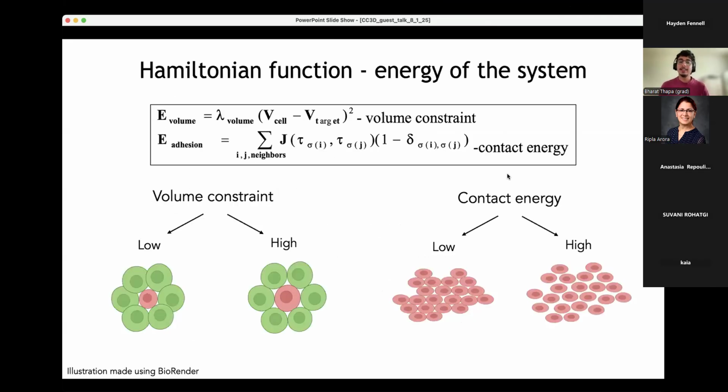So I think most of you guys are familiar. Okay, I see a question pop up. Okay, awesome. Thank you. Most of you guys are familiar at this stage, I hope, with the Hamiltonian function. Even if you're not, it's all right. There's nothing much on this slide. But we know that CompuCell3D works by minimizing the energy function, which is guided by the Hamiltonian function, which has two parts to it.